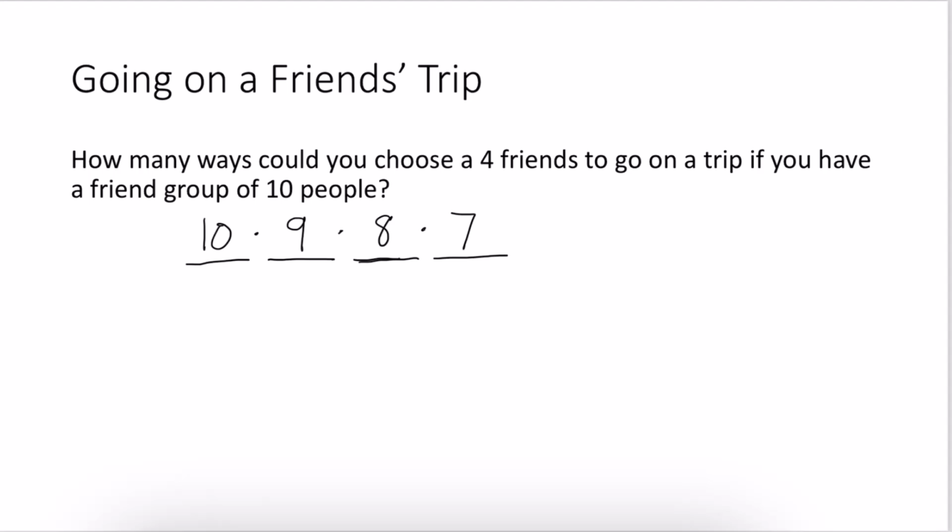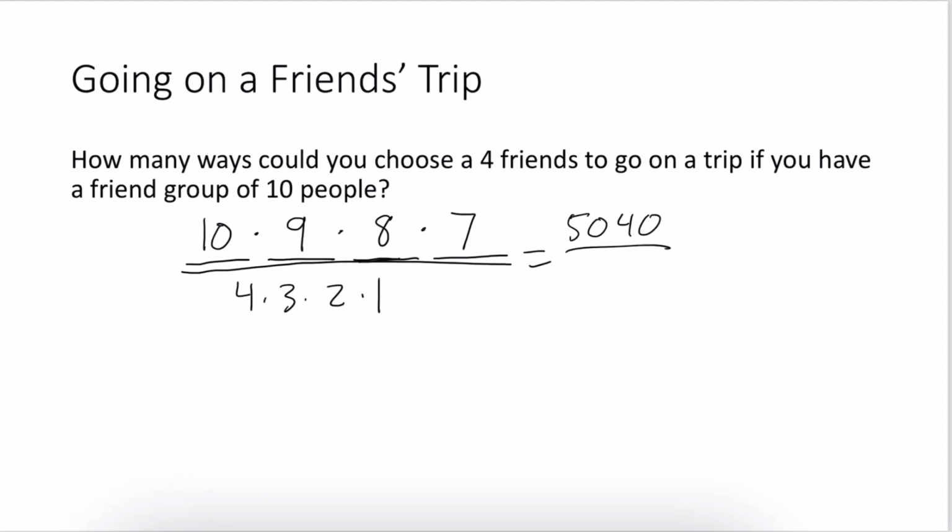So I'm going to divide by the number of duplicates in that choice tree, and the number of ways that the same group of 4 friends will show up listed in different orders in the choice tree is 4 factorial. So 4 times 3 times 2 times 1. And when I multiply 10 times 9 times 8 times 7, that gives me 5,040.